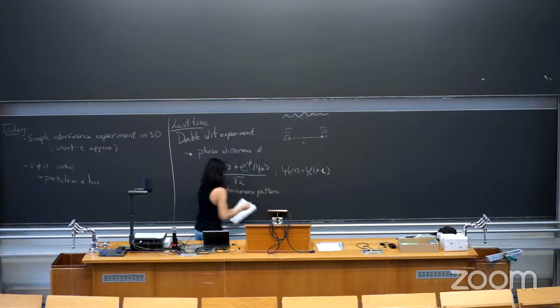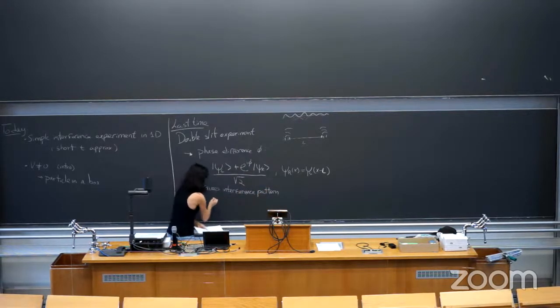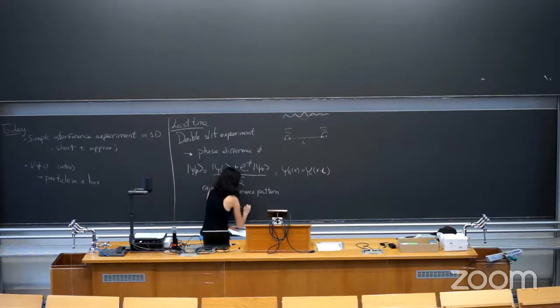In the sense that if I call this total wave function that depends on this phase, the square of the wave function looks something like this, right? At some point.